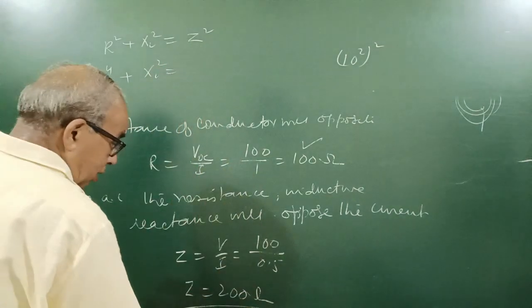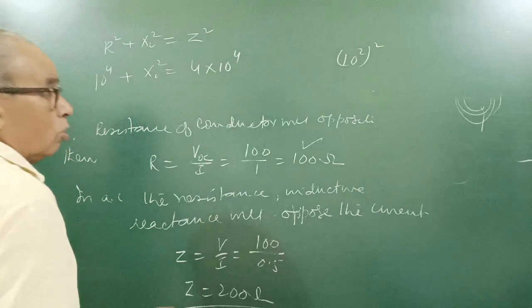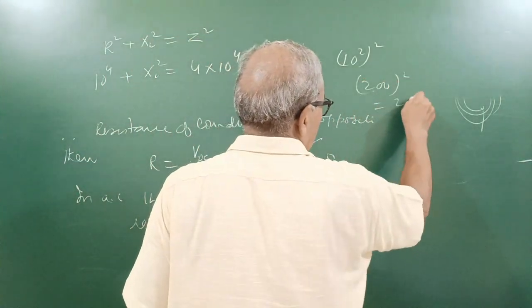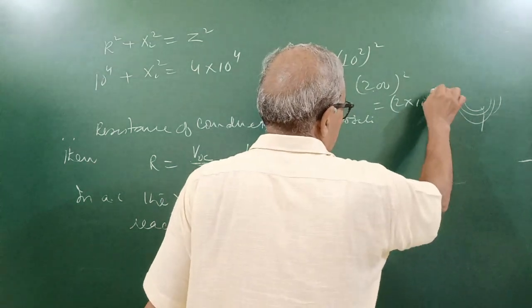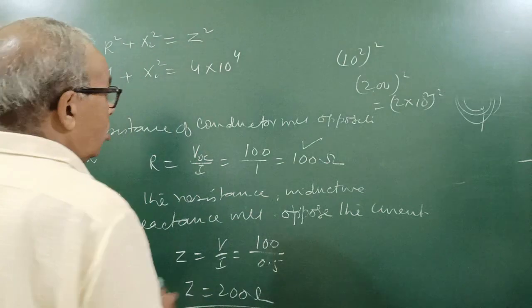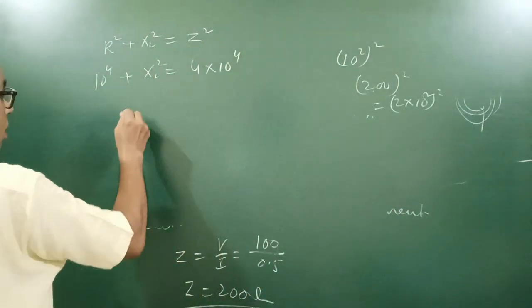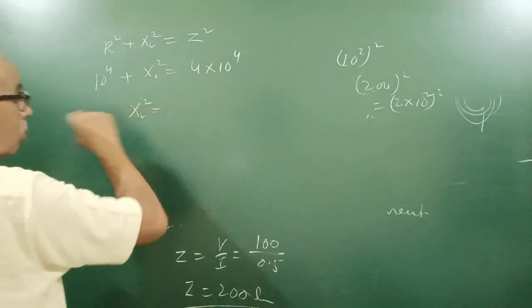Z is 200, square is 4 into 10 to the power 4. 200 is 2 into 10 to the power 2, squared. So XL square will be 4 into 10 to the power 4 minus 10 to the power 4.